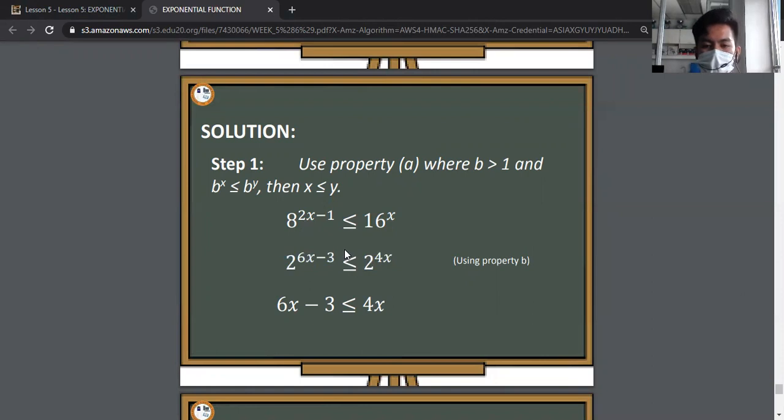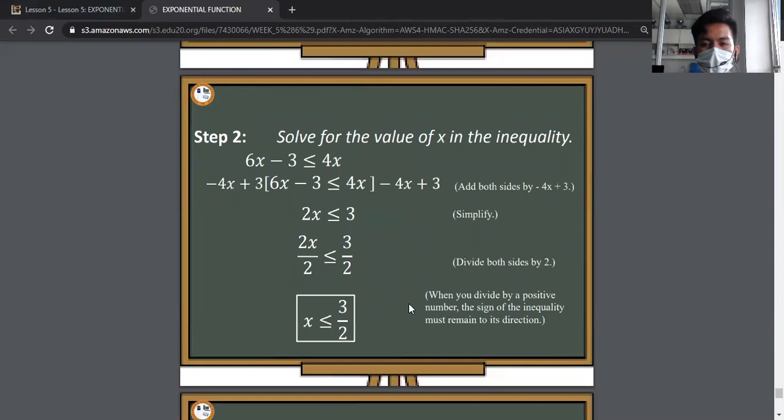So, dahil parehas na po yung base po natin, pwede na po tayo mag-proceed sa exponent po natin na 6x minus 3 is less than or equal to 4x. So, ito na po yun. Then, we need to simplify. Combine like terms po, lahat po ng magkaparehas ng variables, pag sasamahin po natin, lahat po ng walang kaparehas, ihiwalay po natin.